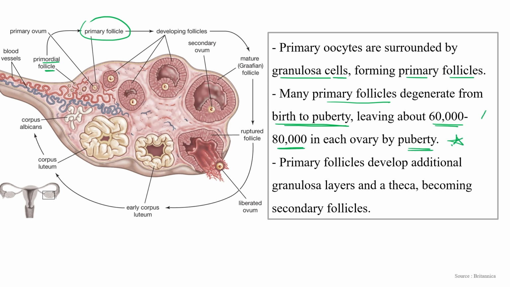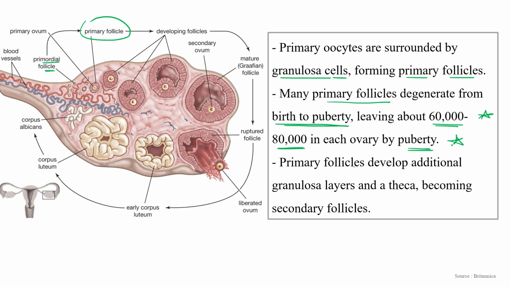They are already generated before birth, right? They develop continuously, but they degenerate from birth to puberty, still leaving about 80,000 by this particular age, 12 to 13 years in females.